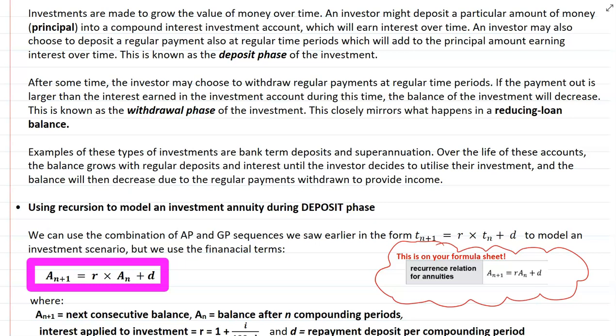There's nearly always a second phase in investment annuities, where the investor may have set a target and has reached that target of money, and now they go into what we call a withdrawal phase of the investment. So the money's still sitting there in the account earning interest, but instead of adding regular payments, the investor will withdraw regular payments instead. And this very closely mirrors what happens in a reducing loan balance.